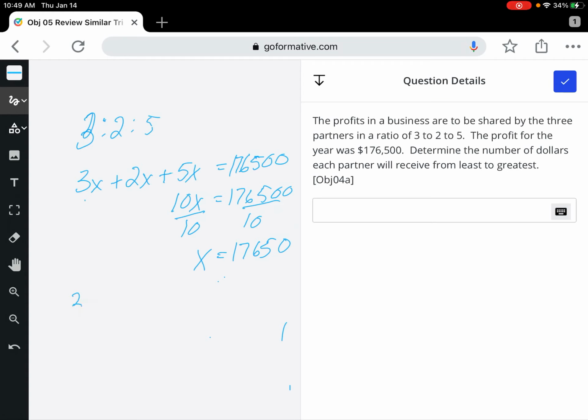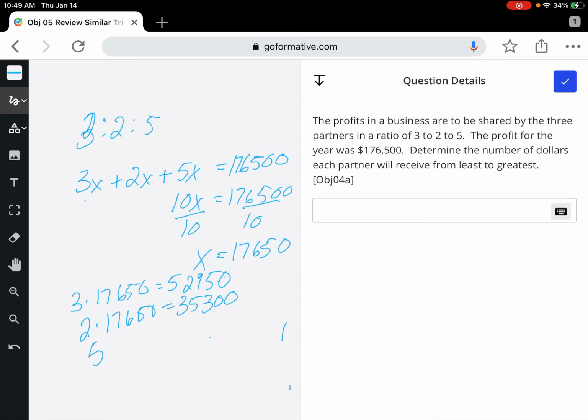So the first one would be 3 times 17,650, which is 52,950. Okay, then the next one would be 2 times 17,650, which is 35,300.